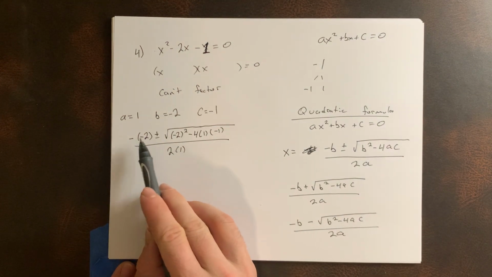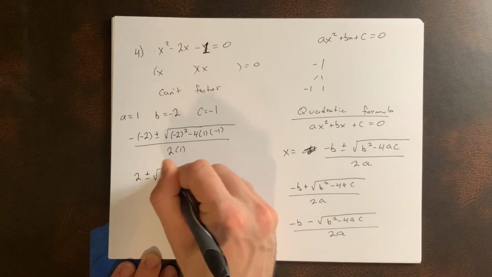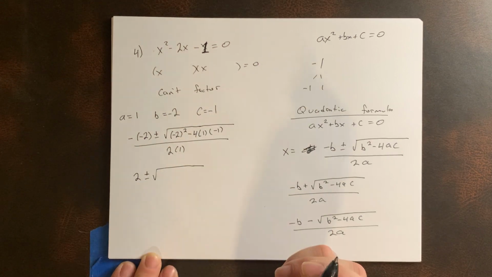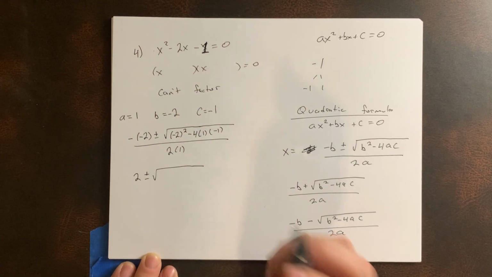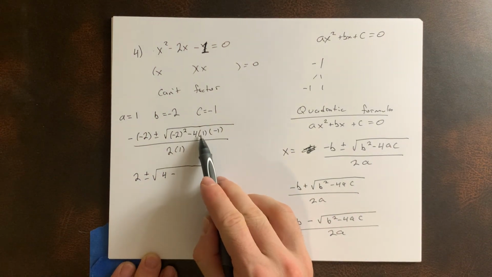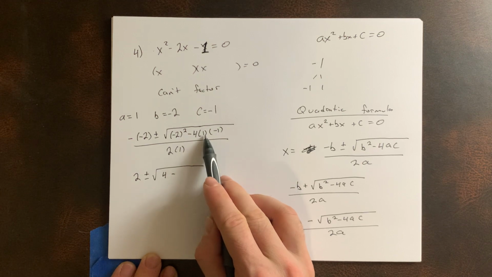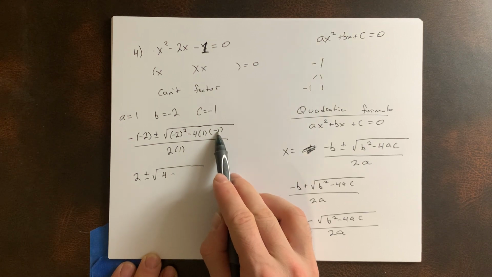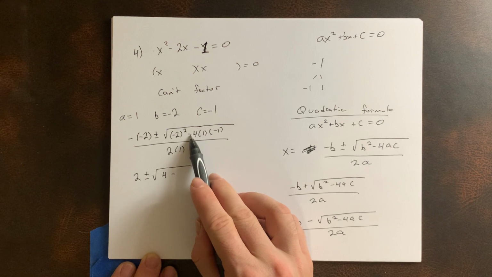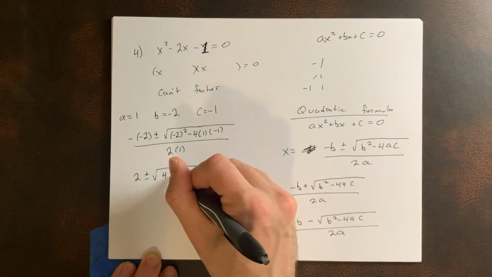Here we have a negative negative 2, so that's going to be a positive 2. Then negative 2 squared, which is just 4, minus 4 times 1 times minus 1.